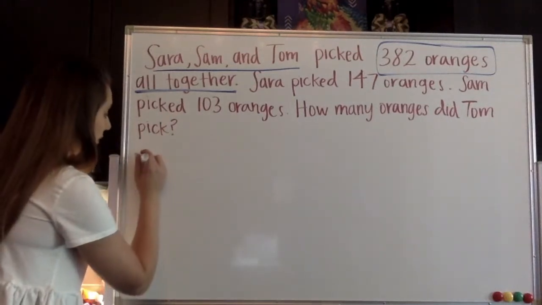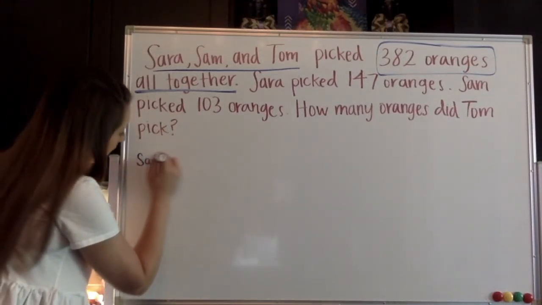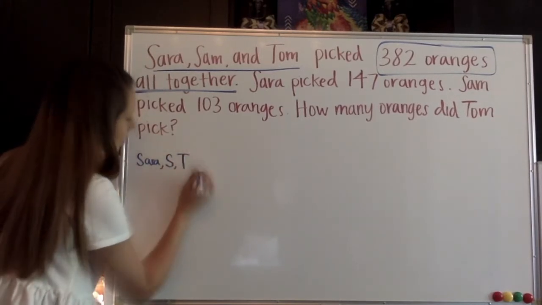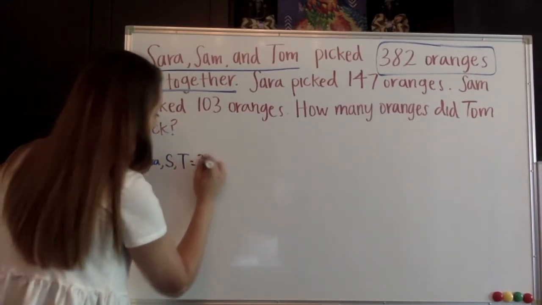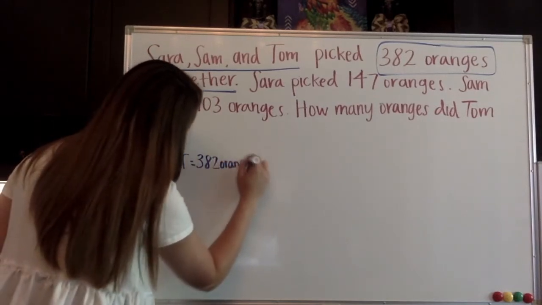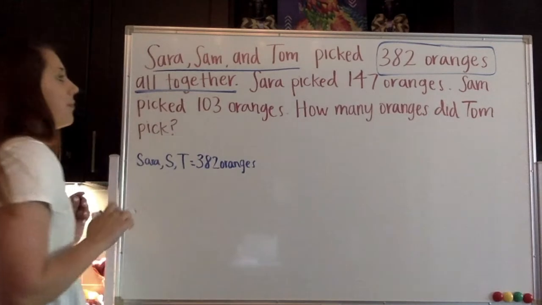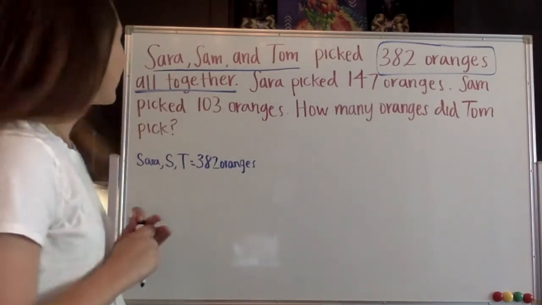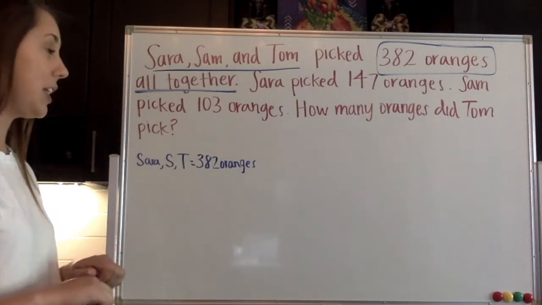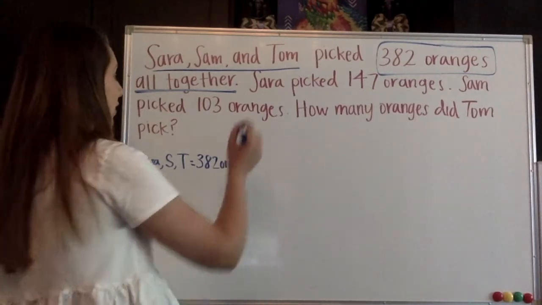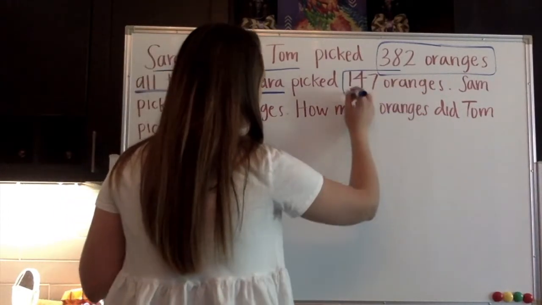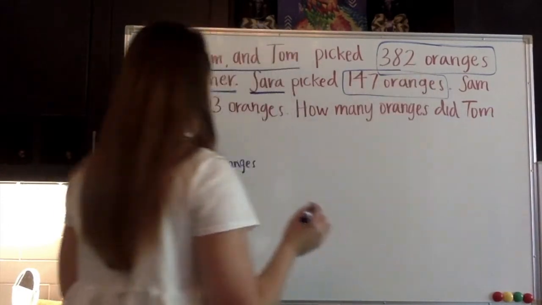So I'm going to write Sarah, Sam, and Tom picked 382 oranges. Now I'm going to read the next sentence. Sarah picked 147 oranges. So now it's telling me individually, Sarah picked 147 of these oranges.